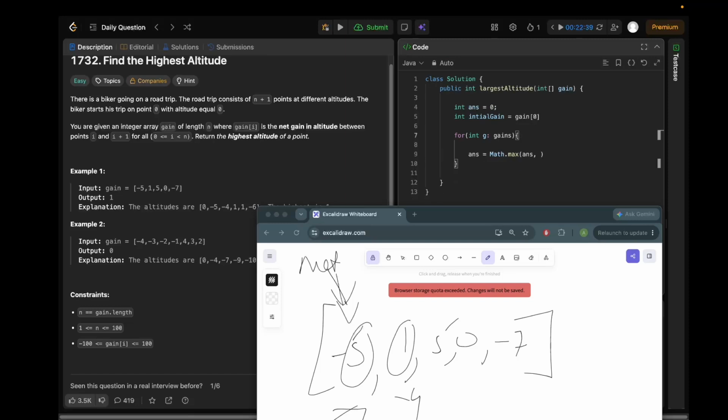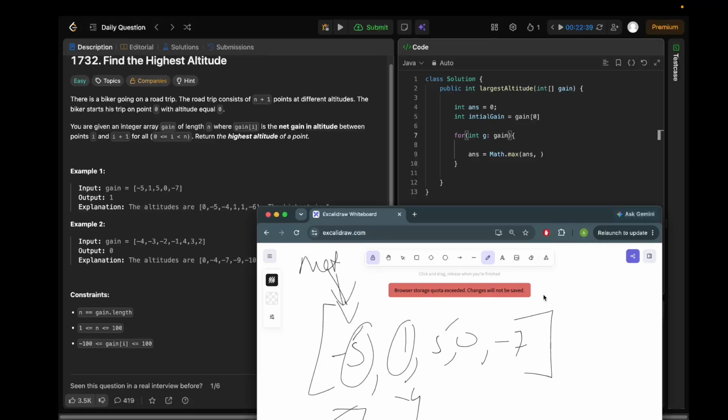right? So what do we do? Answer equals Math.max of initially answer, comma, for each value, comma answer minus gain, for each value in the gain array.